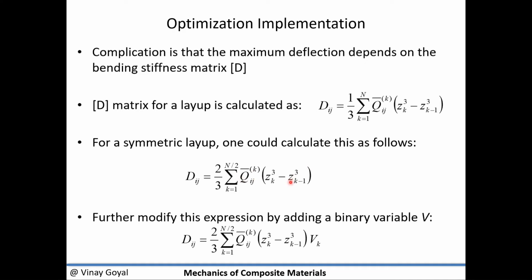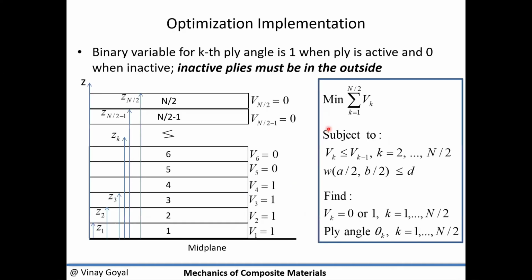And so what we're going to do is modify this expression and apply a binary variable V_k, and that's going to ensure that we don't have empty plies in between. Let me illustrate what I'm talking about here. So this is the midplane of the laminate, and there are plies that go 1 through N half.